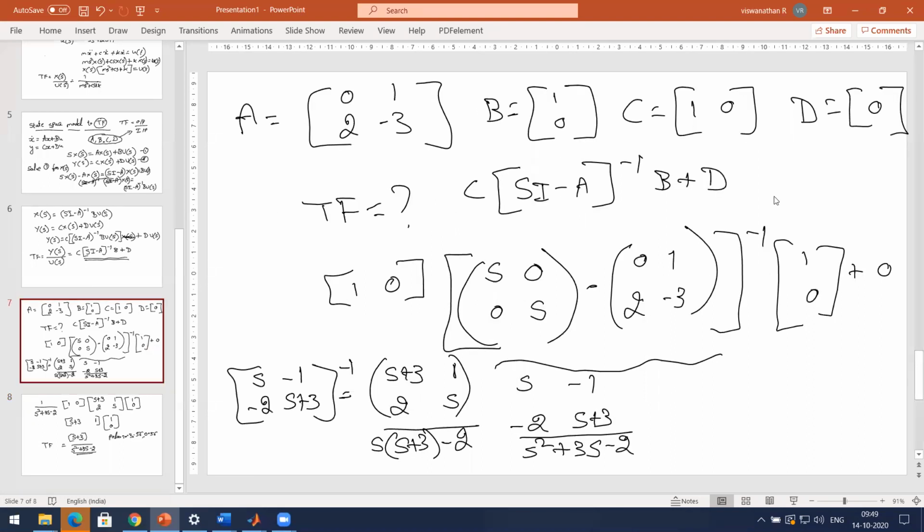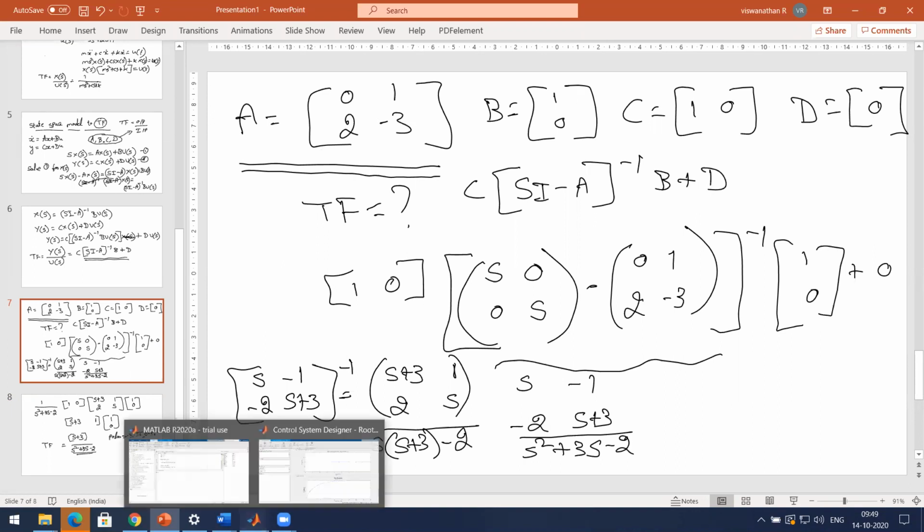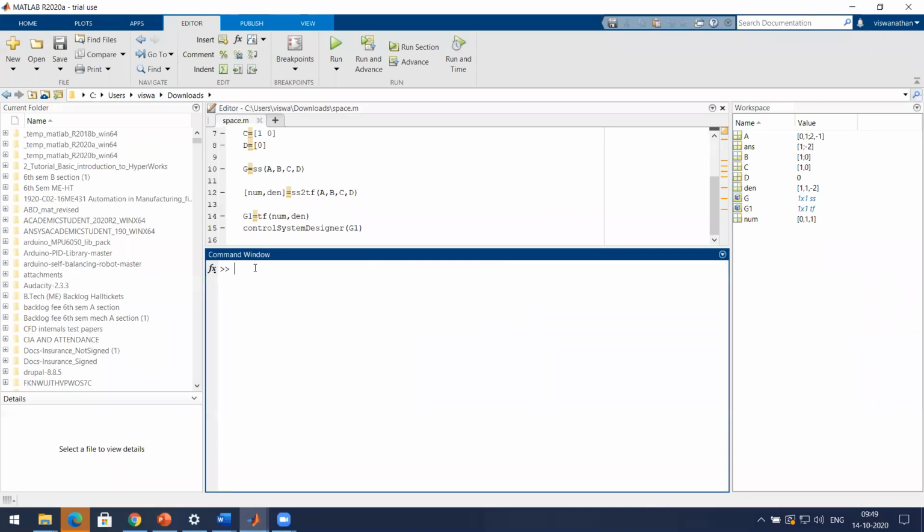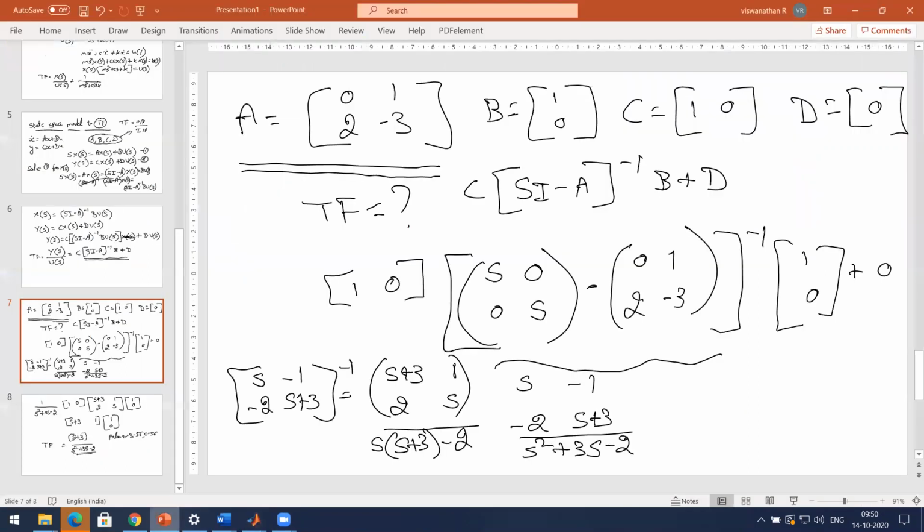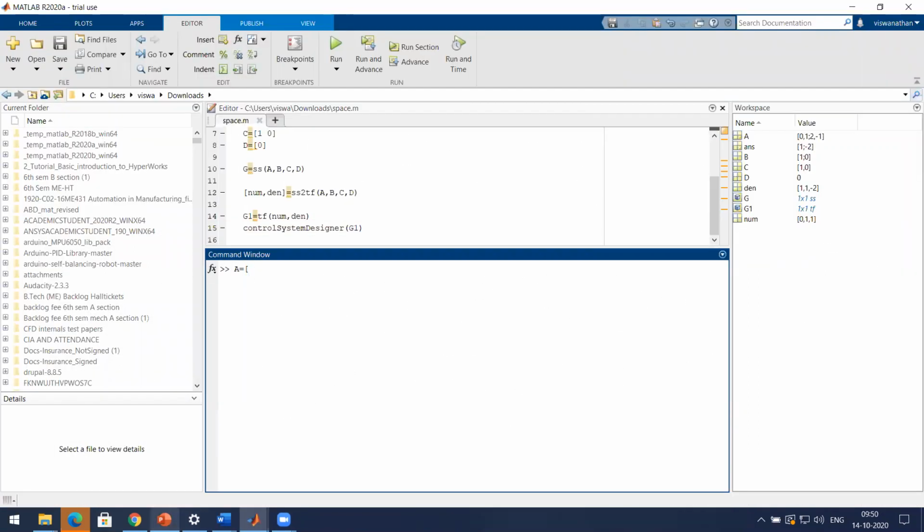If you find the eigenvalue of this matrix, let's find out the eigenvalue of that. Let's define A is equal to [0, 1; 2, minus 3].